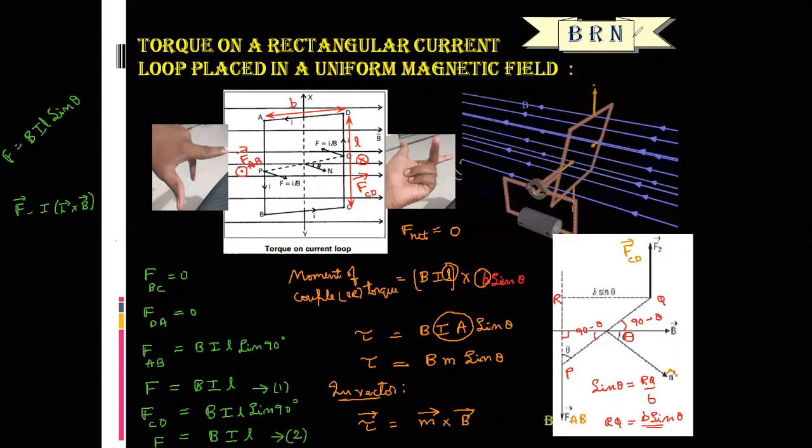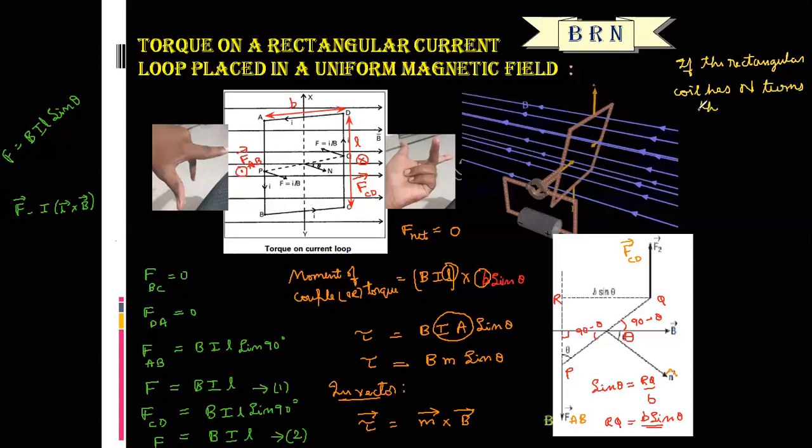Suppose the rectangular coil has n number of turns.